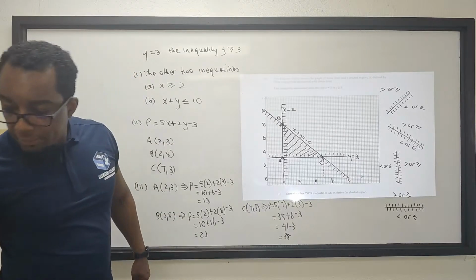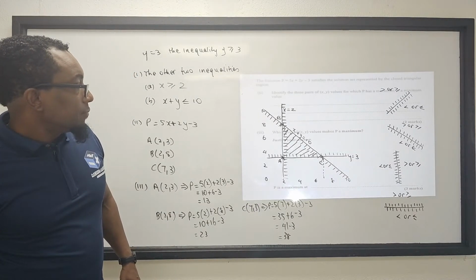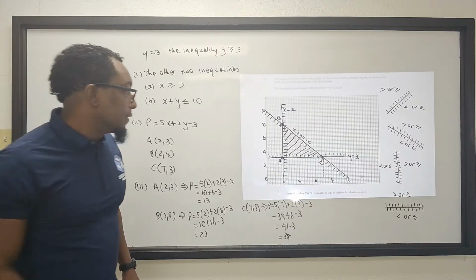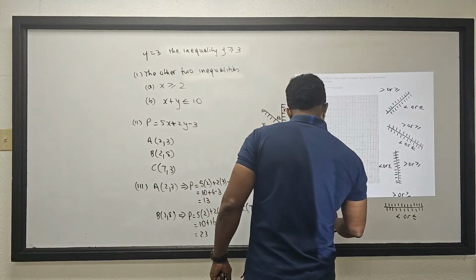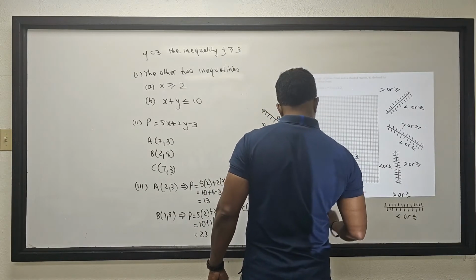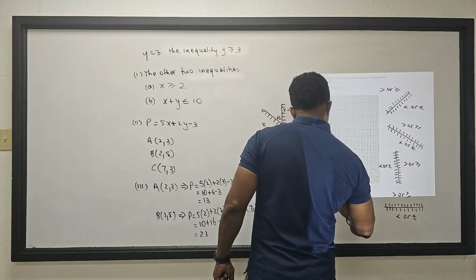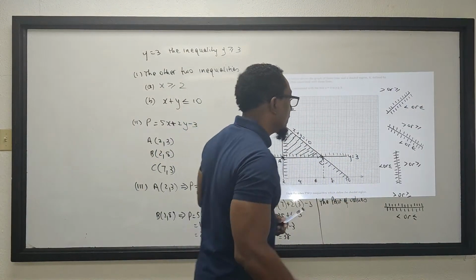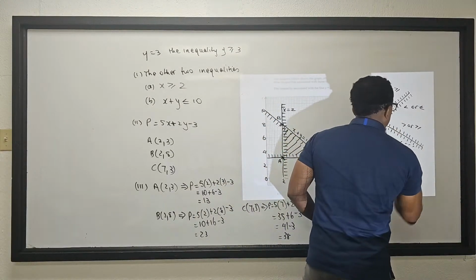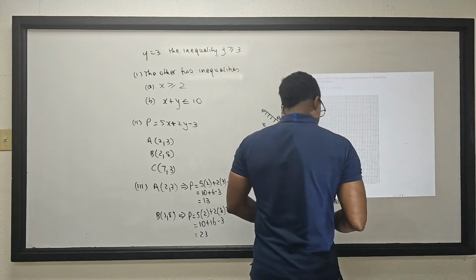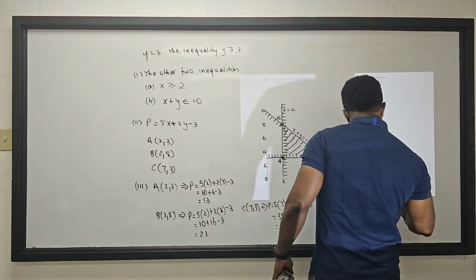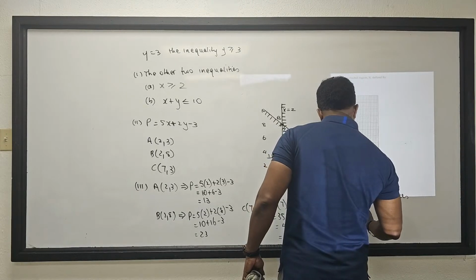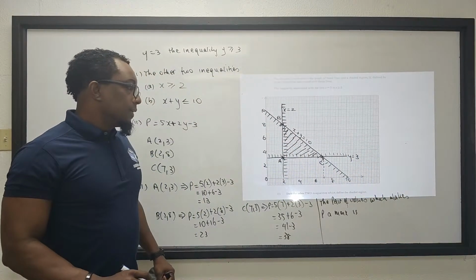So therefore, which pair of values makes P a maximum? The pair of values which makes P a maximum is 7, 3.